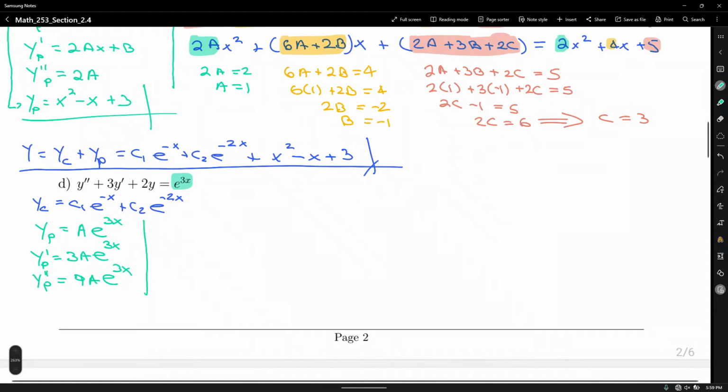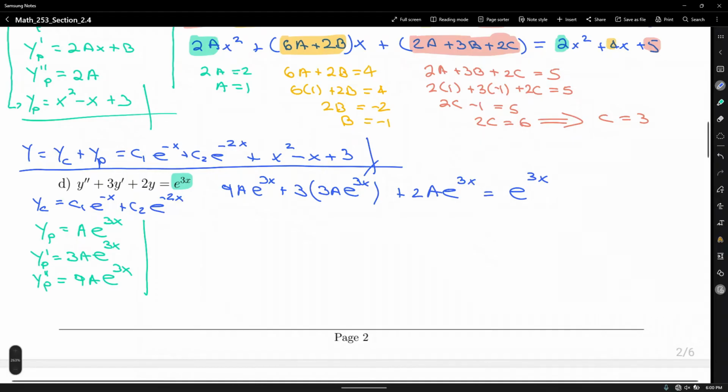So, the second derivative, which is 9a e to the 3x, plus 3 times the first derivative, which is 3a e to the 3x, plus 2 times the guess of the function y equals a e to the 3x, not 2x, 3x. And let that be equal to e to the 3x, which is the forcing function.